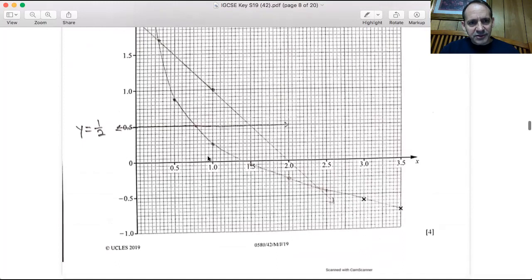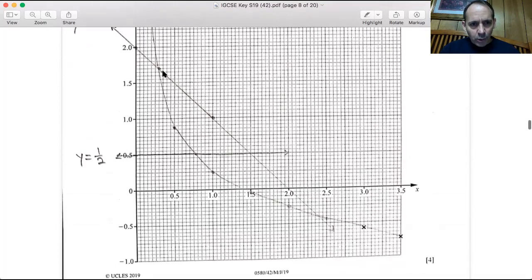Notice it crosses at two places, one right here and the other one all the way down here. So you need to find both of those x coordinates. So right here would be somewhere in here, and this one up here would be somewhere here. You might want to use a straight edge on it so you can see better where it crosses the x-axis.